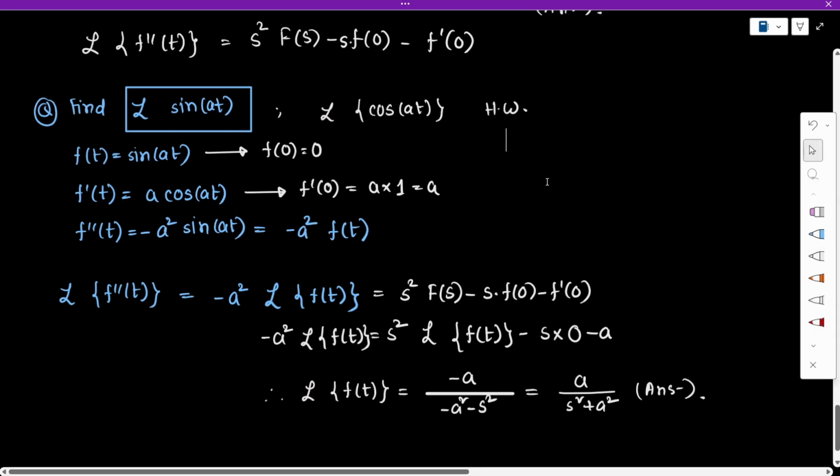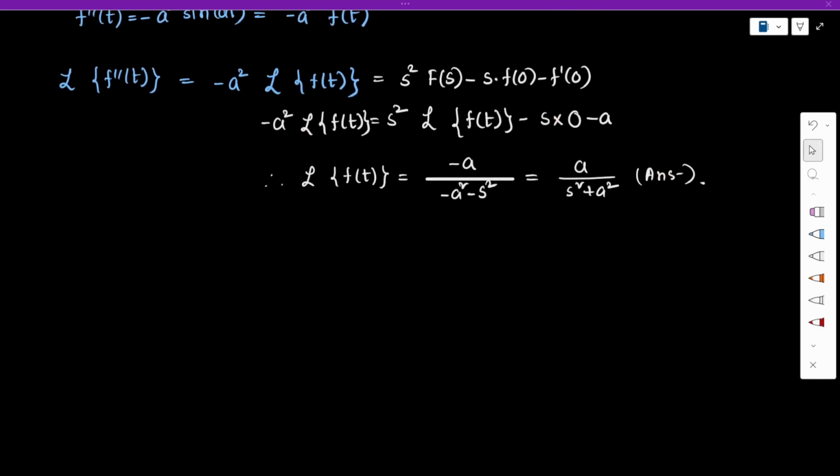Okay, now using the Laplace transform of derivatives, we are also going to try and find the Laplace transform of another function, sine hyperbolic at.